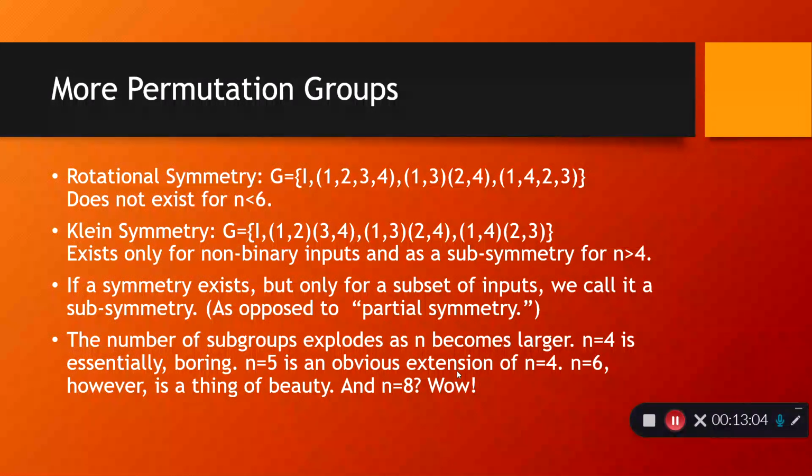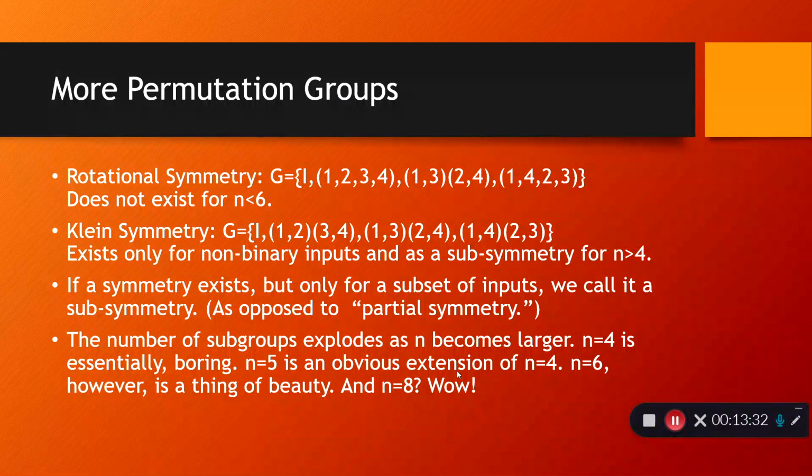It does not exist for 4 input binary functions. But if I let the inputs have non-binary values, say 1, 2, 3, 4, then it does exist. And if there are more than 4 inputs to the function, a subset of 4 inputs can have Klein symmetry.